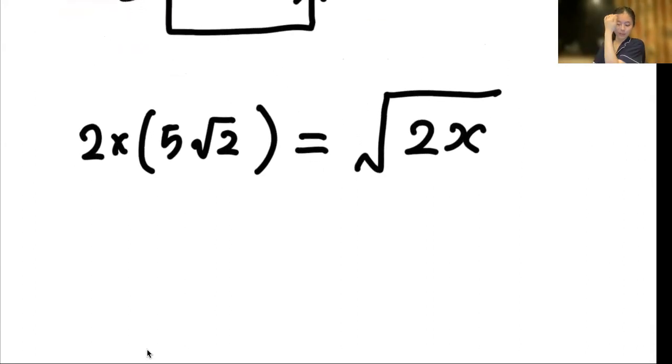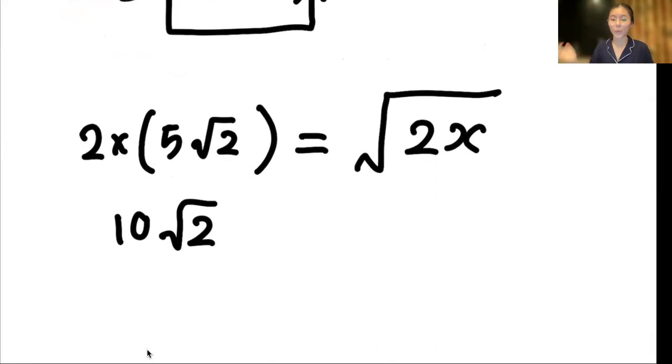But when you multiply a number that is not just the square root, it has a coefficient. You can only multiply it with the coefficient and not the square root. So 2 times 5/2 is going to be 10√2, not 10√4.